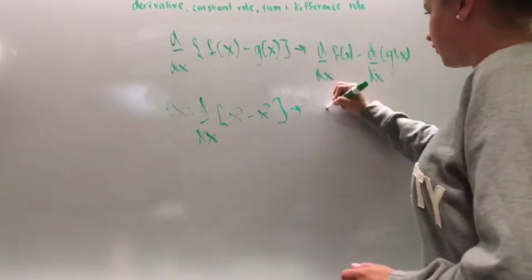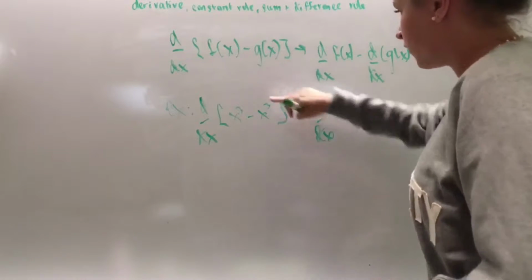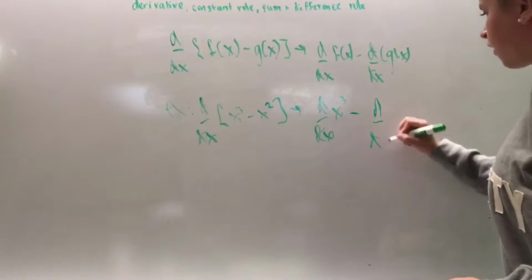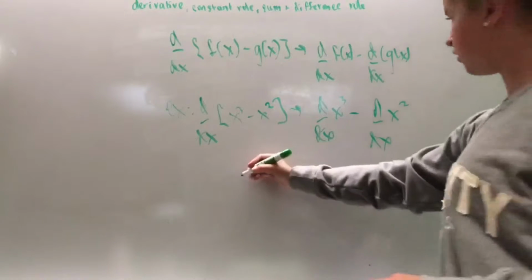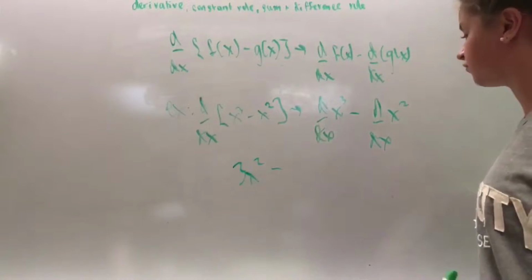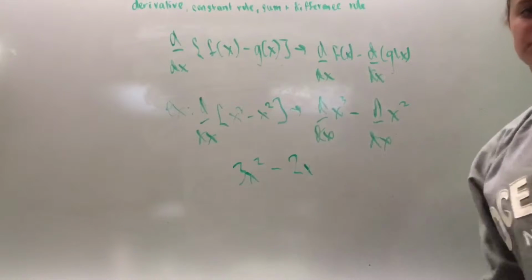The derivative of x cubed is 3x squared, and the derivative of x squared is 2x. That's your answer. That's how you do it.